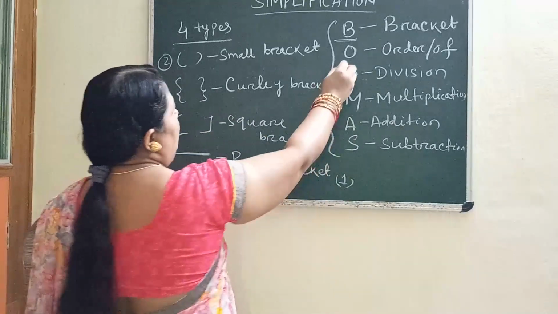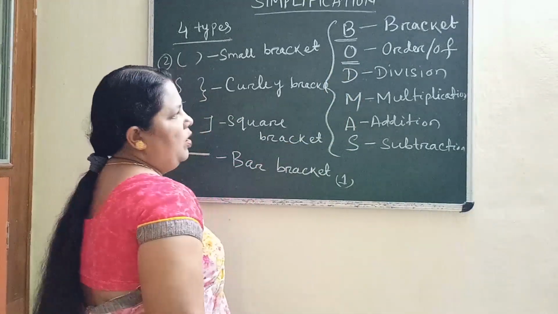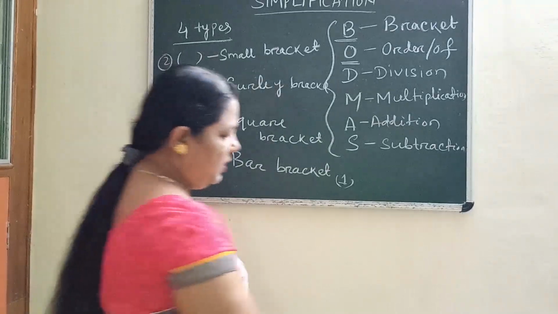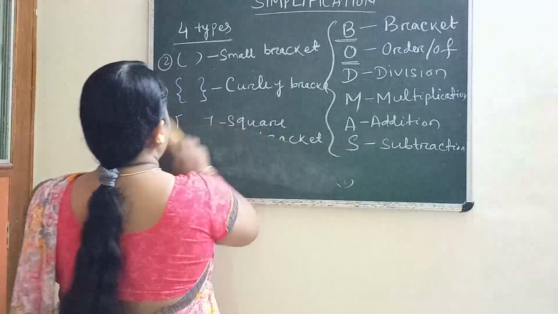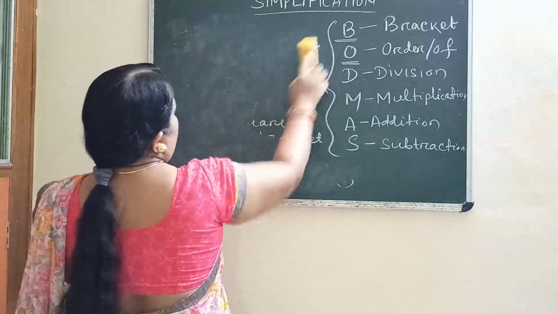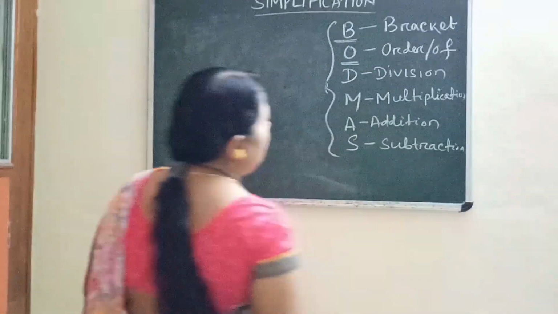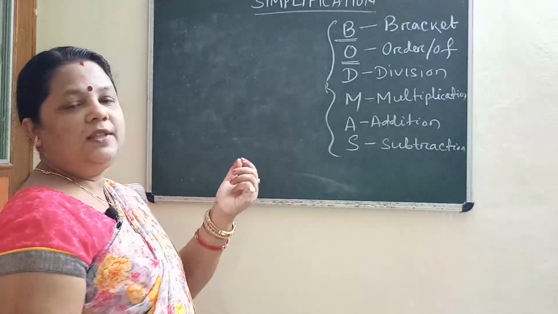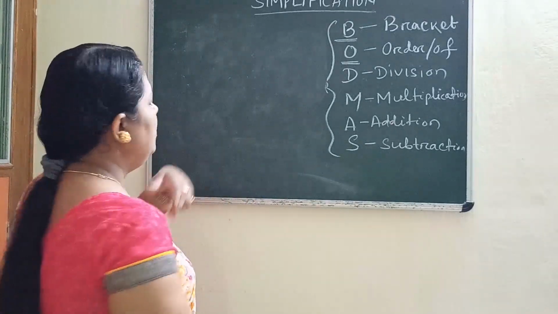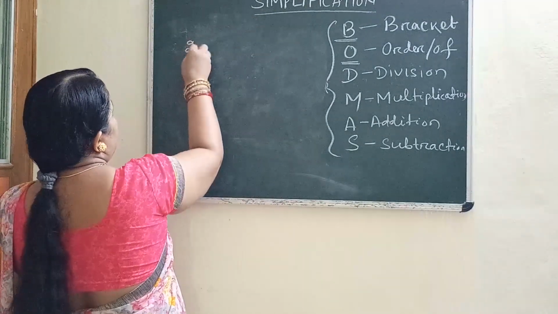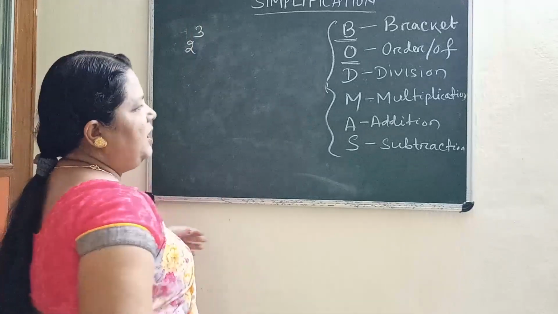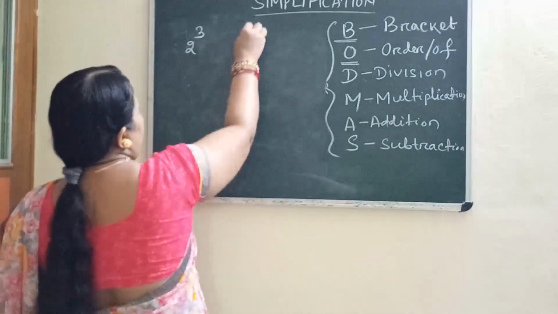Then come to O. O stands for order or of. Order means powers. Suppose this is 2 to the power 3 or 3 to the power 2.